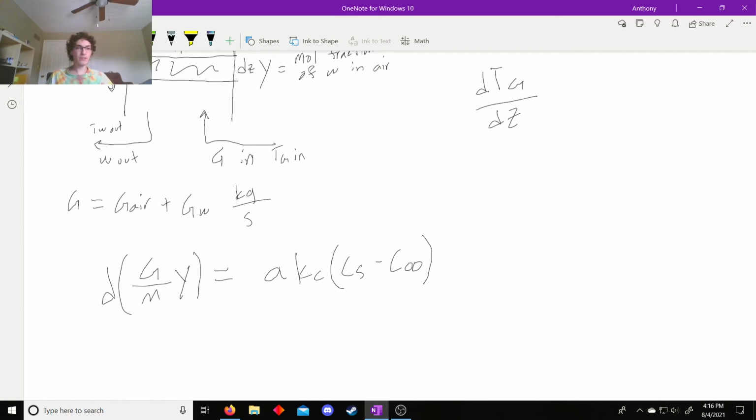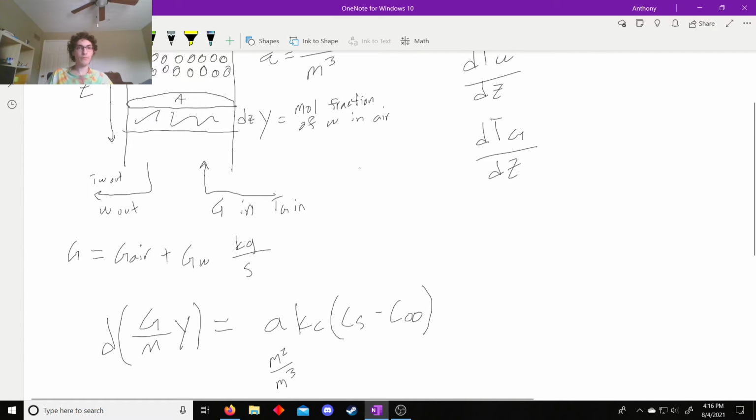So since this is going to be meters squared per meters cubed, we need to multiply by the volume. And our volume is going to be the area multiplied by the height, which is going to be dz.